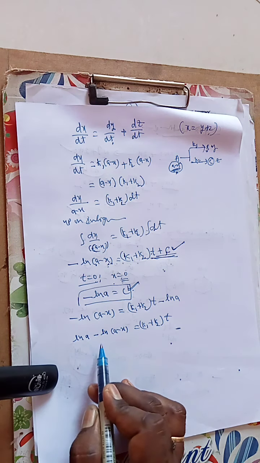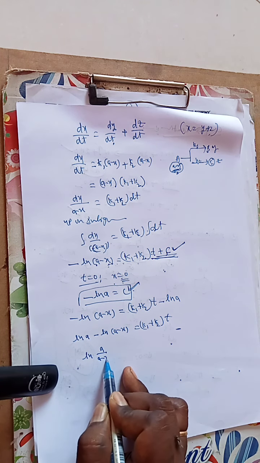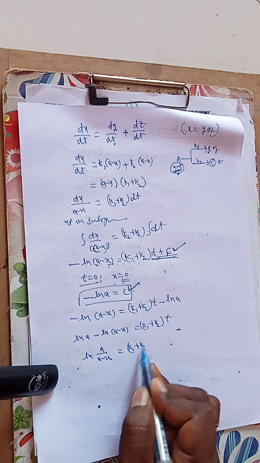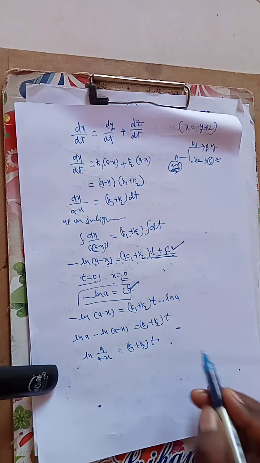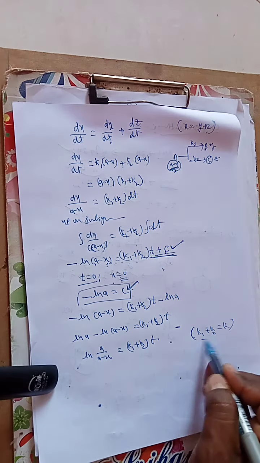Ln a minus ln b is ln a by b, so ln a by (a minus x) is equal to (k1 plus k2) into t.